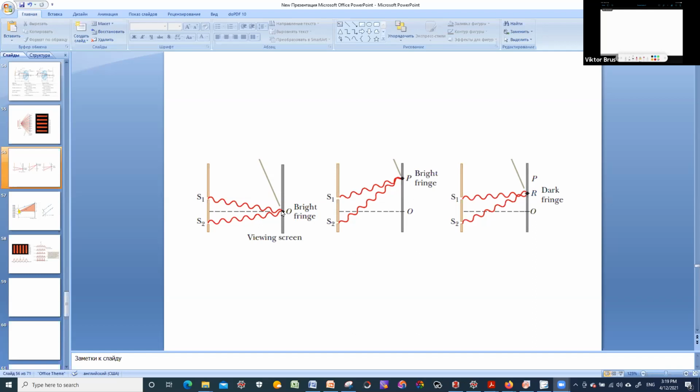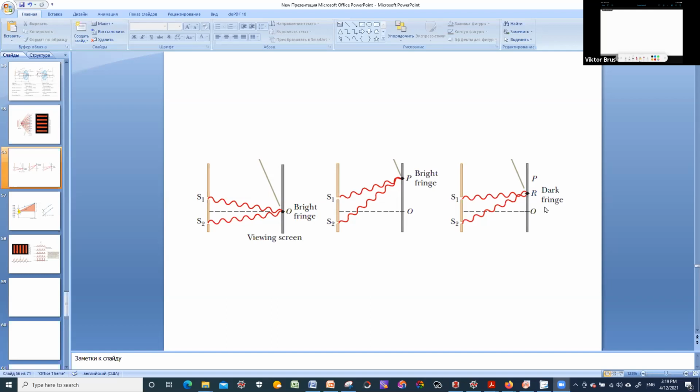If these two waves originating from two slits come in phase to some point, either point O or some random point P, which corresponds to some order of interference, they enhance each other, and we see bright fringes. If they come in opposite phase, they compensate each other, and we have dark fringes.